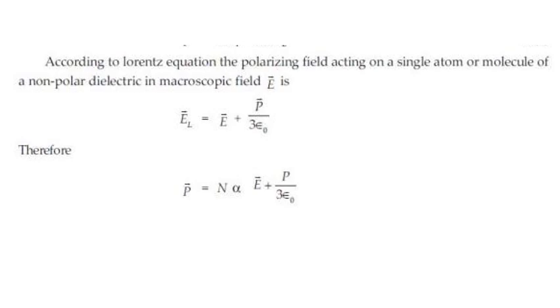According to the Lorentz equation, the polarizing field acting on a single atom or molecule of a non-polar dielectric can be written as E plus P upon 3 epsilon 0. Here this P upon 3 epsilon 0 is the internal field and E is the field due to applied plus polarization.